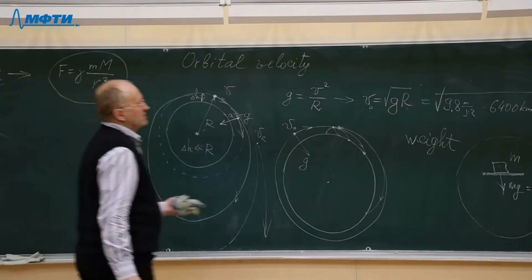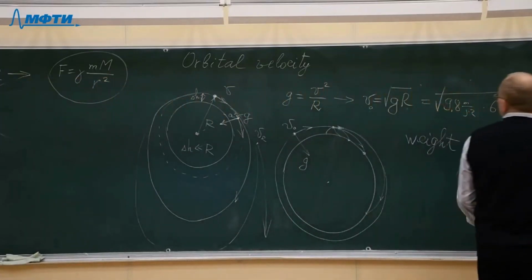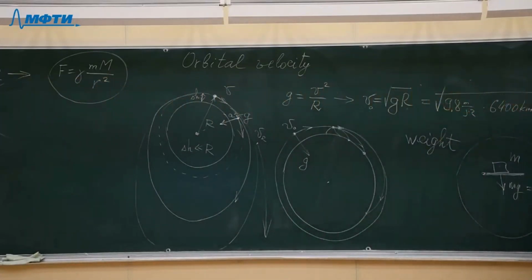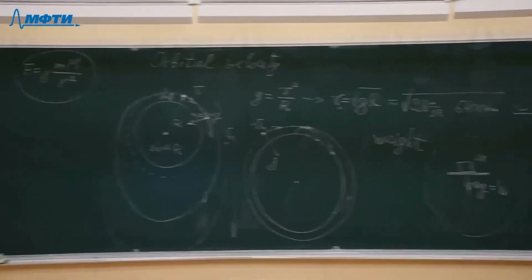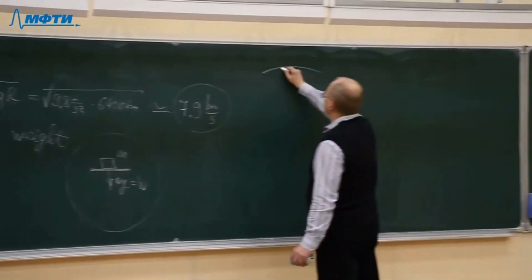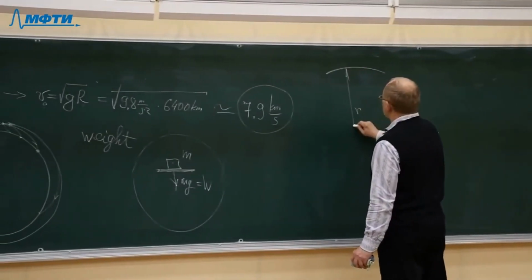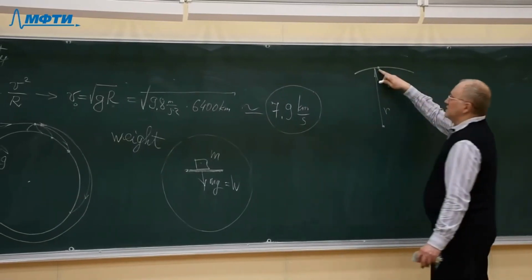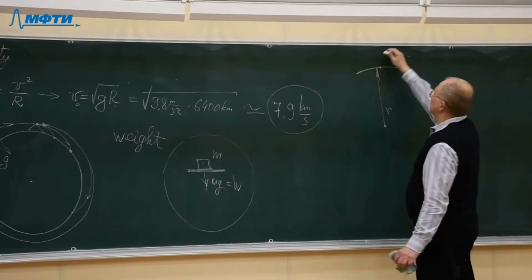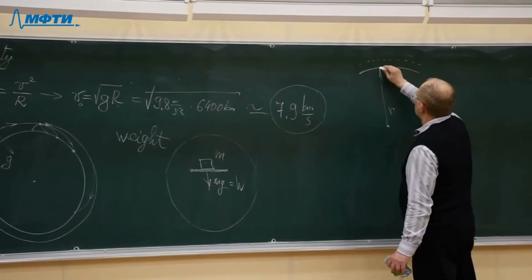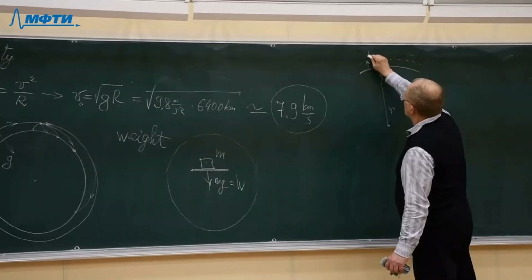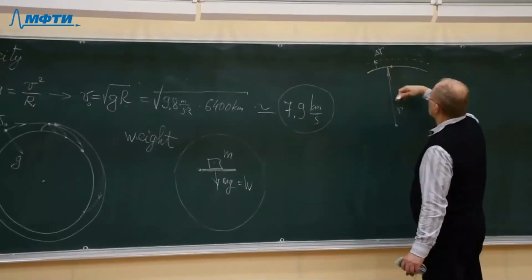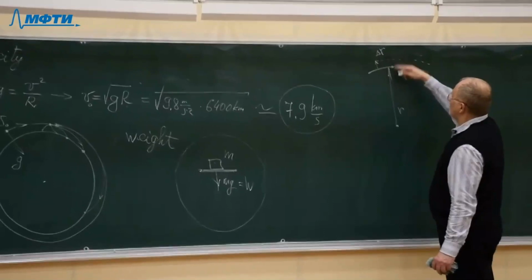Okay, let's consider this situation. So first of all, let's consider some circular orbit of radius r, and assume that some object was lifted to a higher orbit, which has the radius by delta r larger than r.